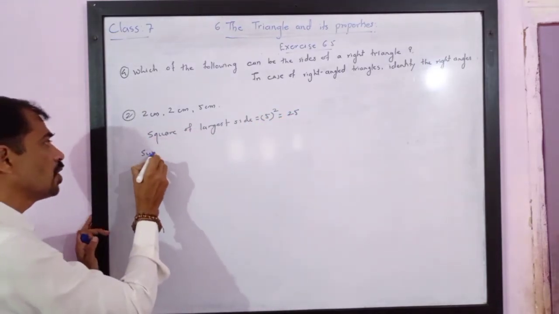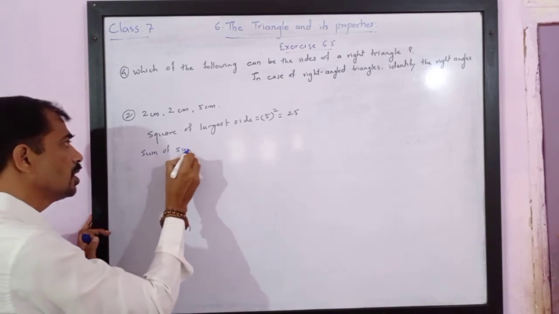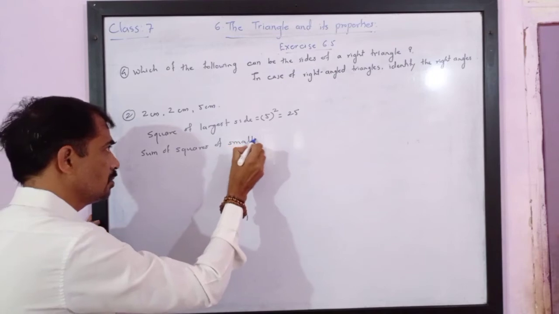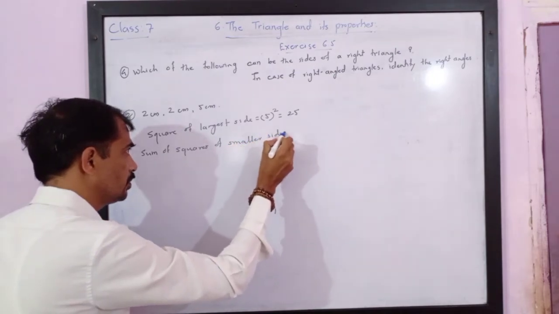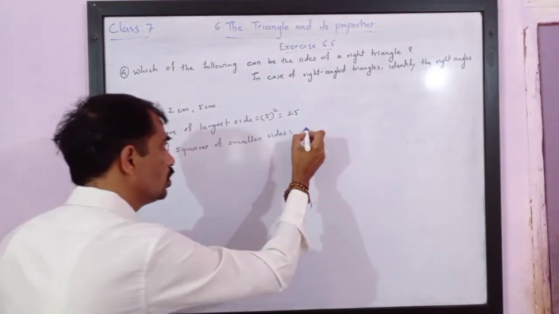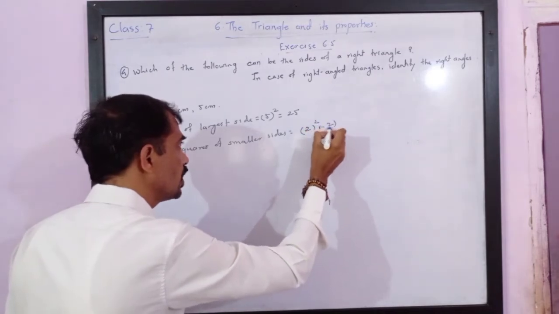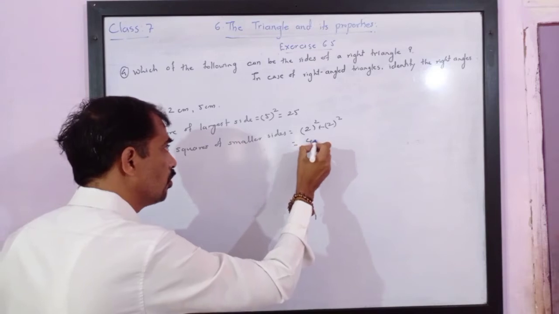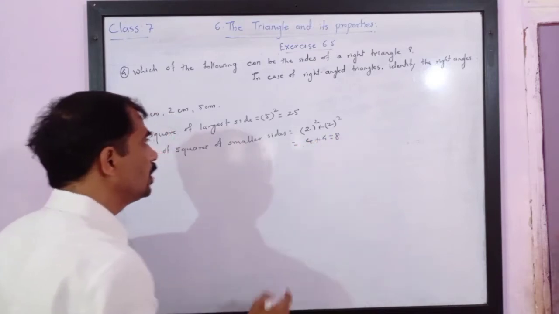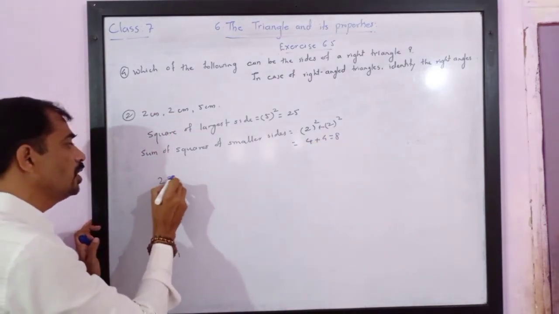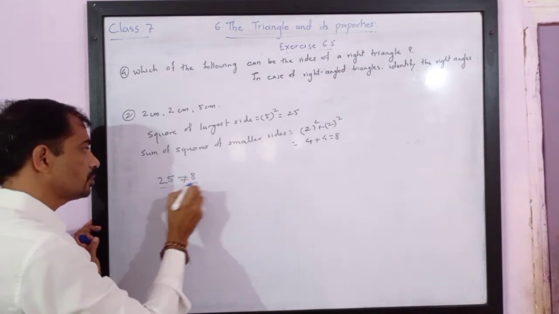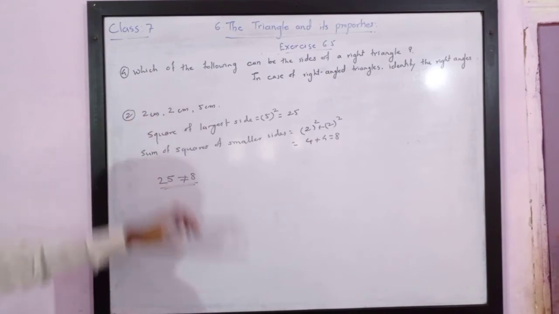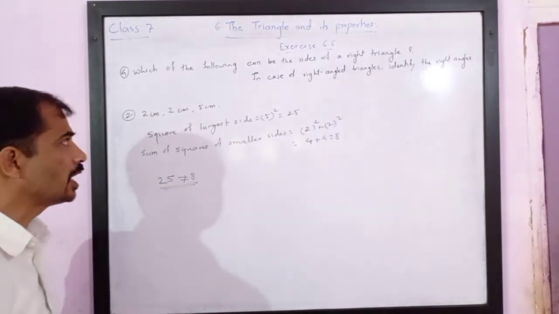Then the sum of squares of smaller sides is equal to 2 square plus 2 square, that is equal to 4 plus 4, 8. Please note here 25 is not equal to 8. Therefore it cannot form a right angle triangle.